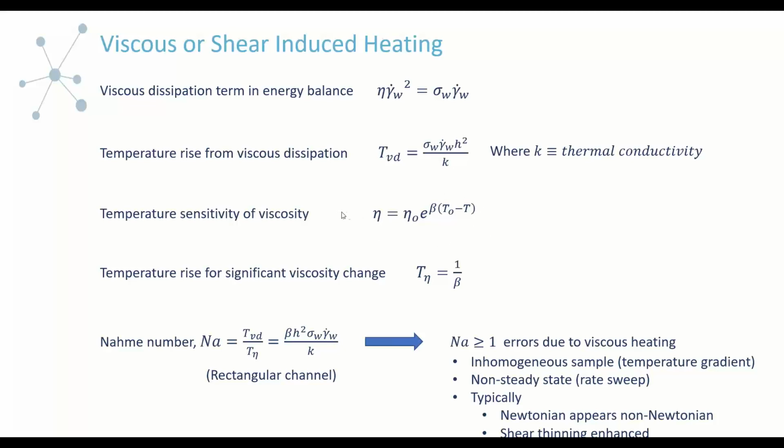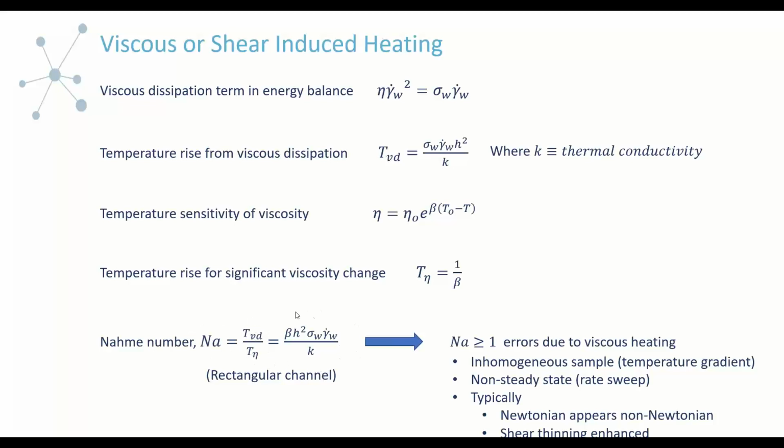But typically the viscosity sensitivity with temperature is exponential, and they're using this particular factor beta to say how sensitive the viscosity of my sample is to temperature. So the temperature rise for a significant viscosity change is going to scale as 1 over beta. And then we define our new dimensionless number, which is the ratio of these two temperature scales.